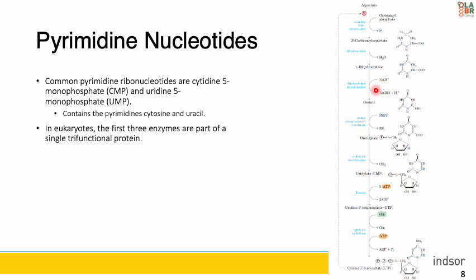So here we can see carbamoyl phosphate is sometimes made in the cytosol, whereas before it was made in the mitochondria, and now for pyrimidine biosynthesis, carbamoyl phosphate is made in the cytosol by a different form of the enzyme. Still the same enzyme, but a different form.